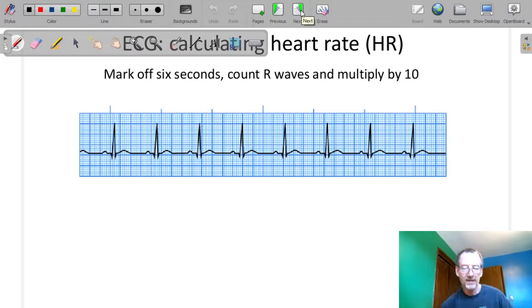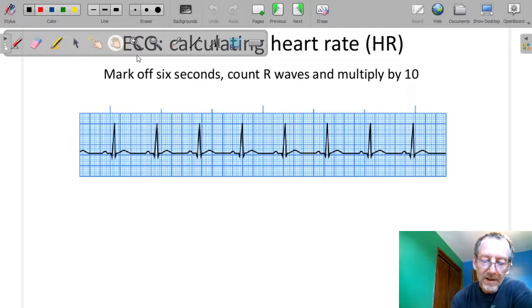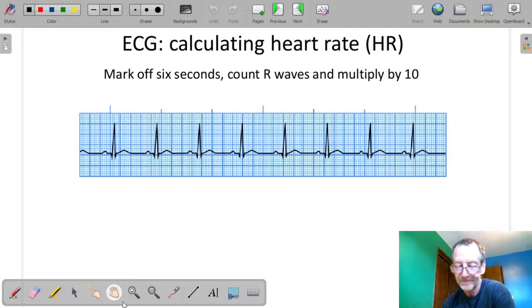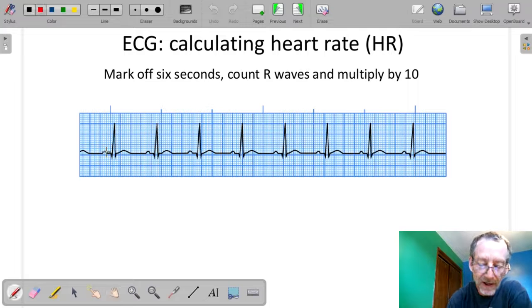So this slide shows just an average, general, normal sinus rhythm. And what you might notice, well, you should be able to identify the P's, the T's, and the R's.